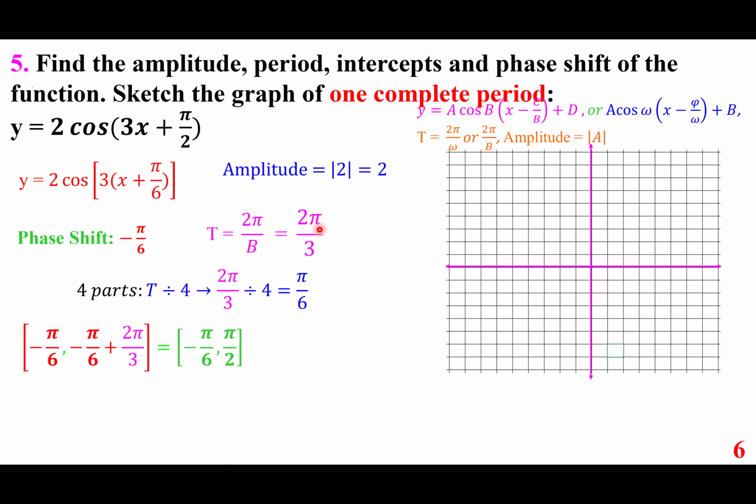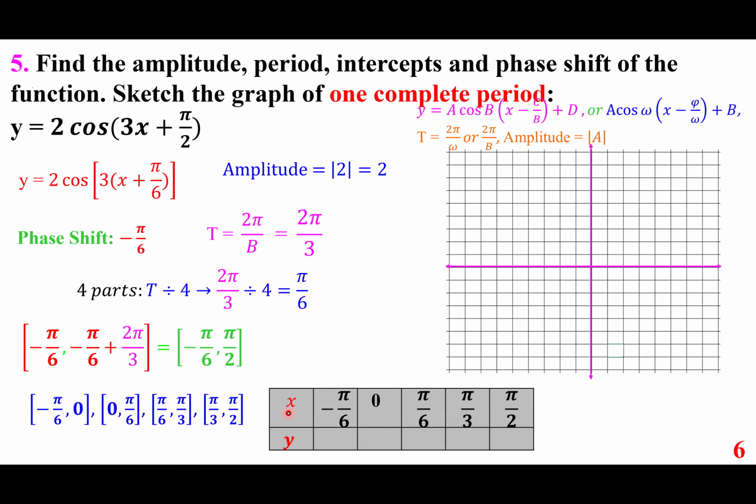So the entire domain for one complete period goes from minus pi over 6 to pi over 2, because we are going to add minus pi over 6 to 2 pi over 3. So minus pi over 6 to 0, 0 to pi over 6, pi over 6 to pi over 3, pi over 3 to pi over 2. And the reason why is very simple. This is the start. We add pi over 6 and we get those numbers.